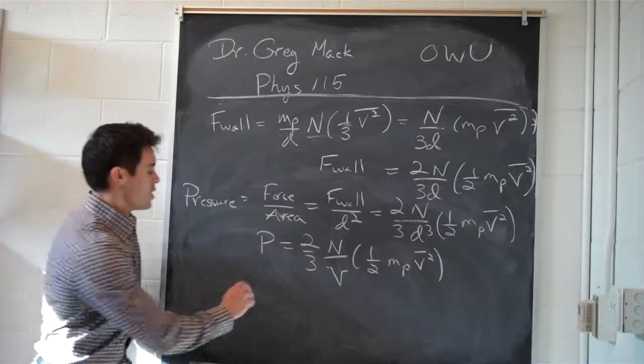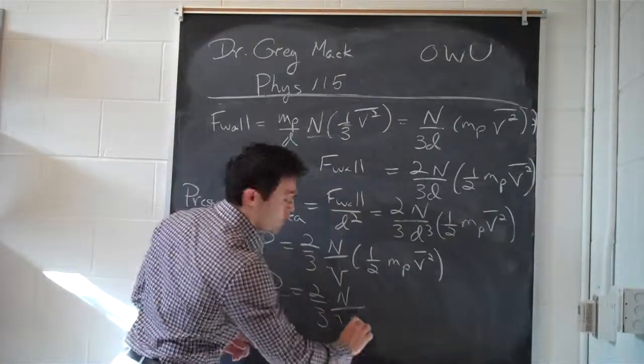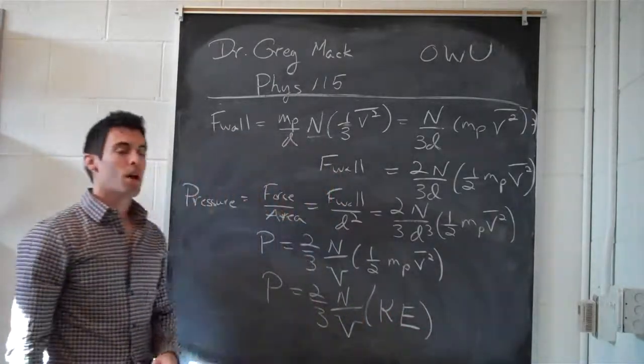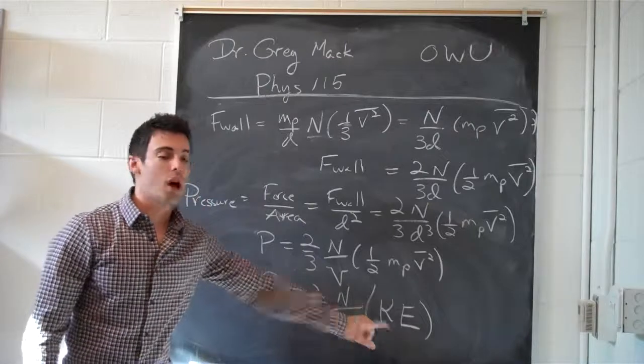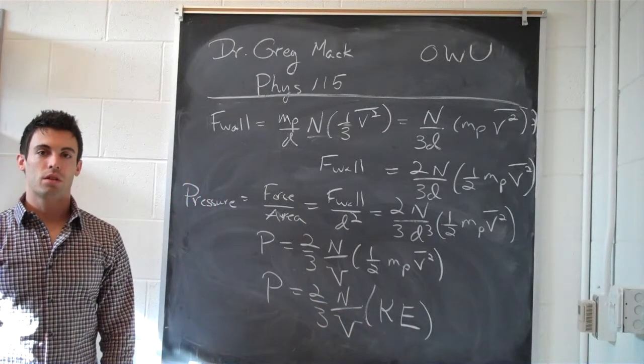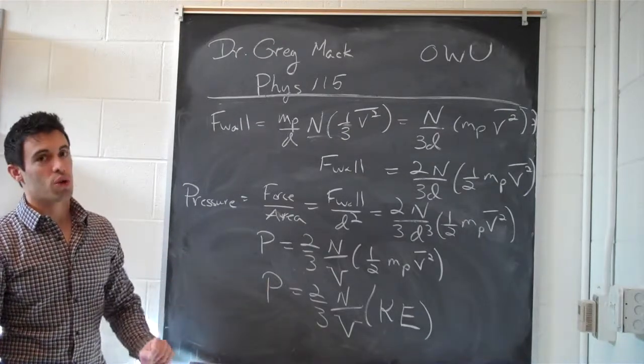So now we see that since P is equal to 2/3 N over V times the kinetic energy, if the kinetic energy goes up, the pressure goes up if the volume stays constant and the number of particles stays constant. So if the kinetic energy goes down, the pressure goes down.